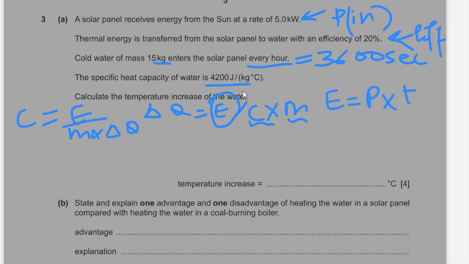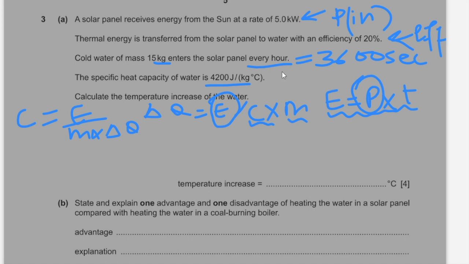Over here, this is the energy received by the water, which means the power obtained by the water, or power output, or in other words, useful power, because not all of the power received by the solar panels is going to be absorbed by the water.